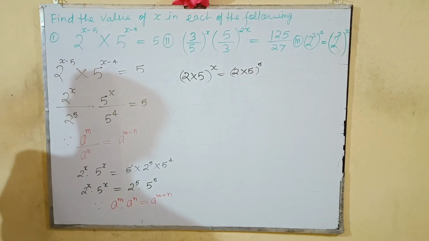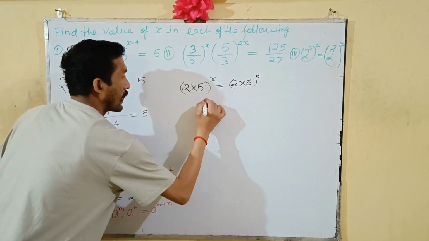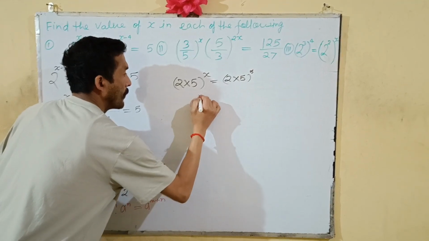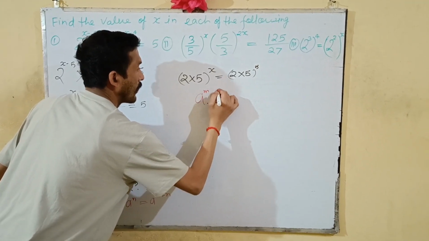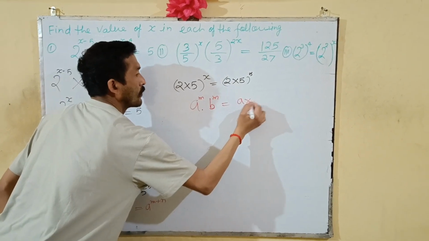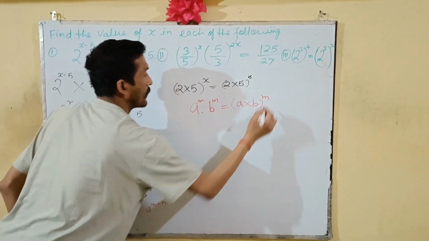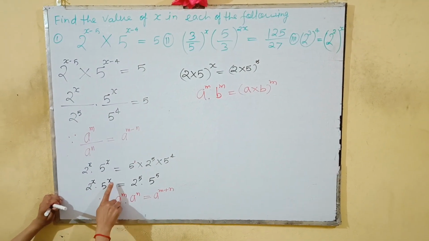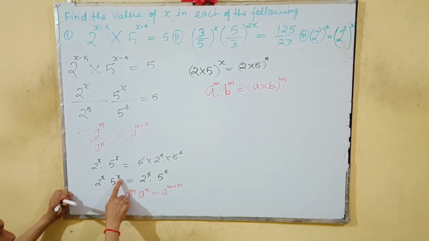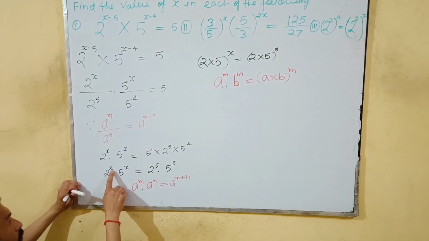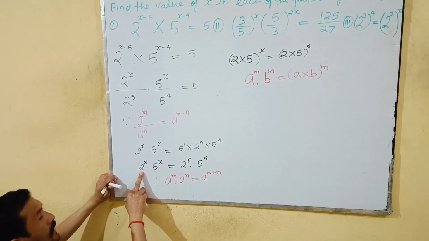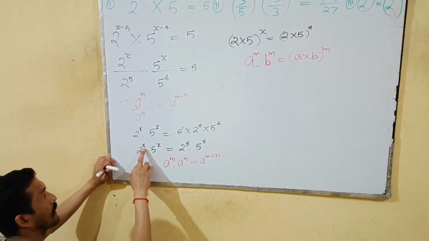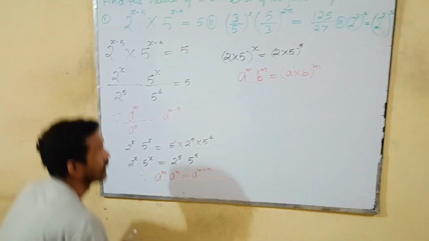By which rule? a to the power m into b to the power m equals a into b to the power m. Here a is replaced by 2, b by 5, m by x. Okay.